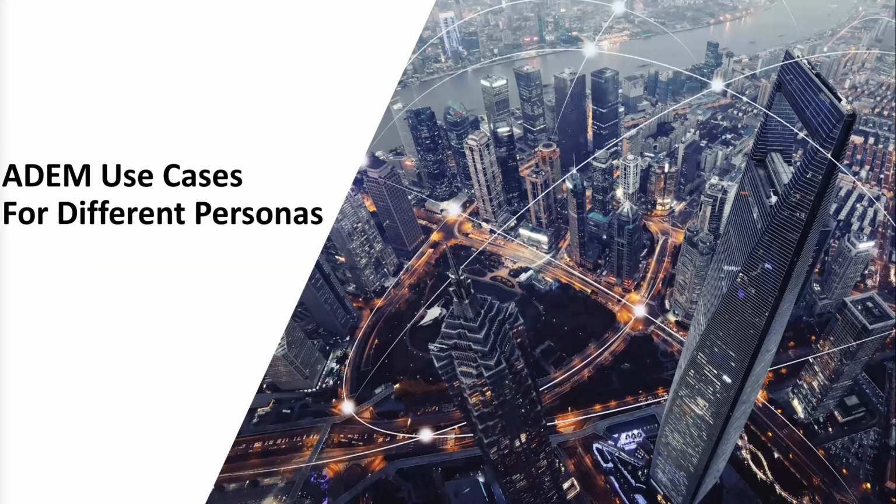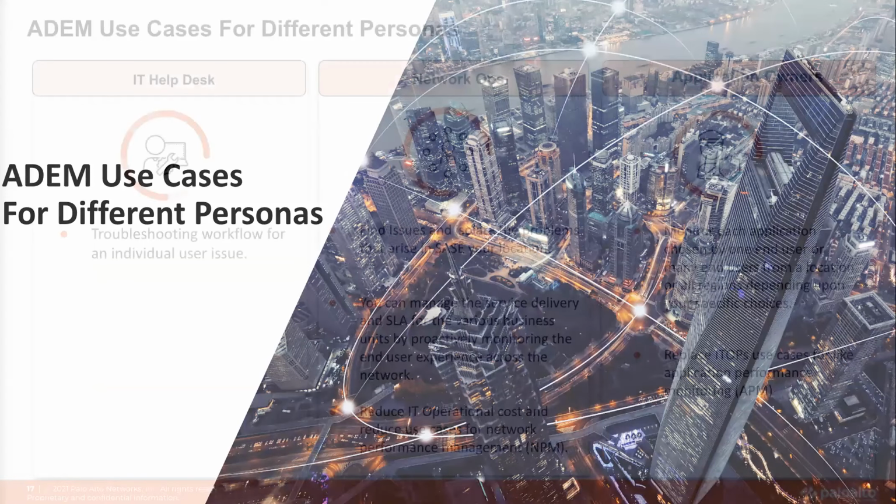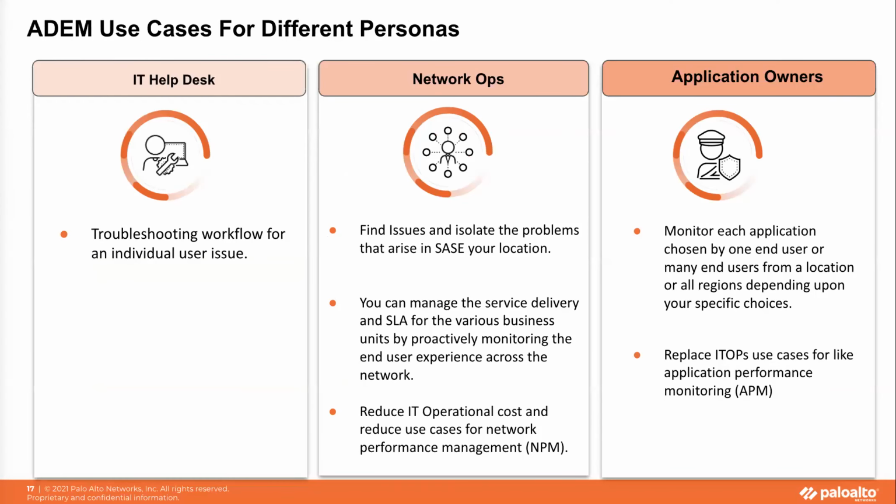Let's have a look into the ADEM use cases for different personas. There are three different personas I'm talking about here: the IT help desk, network operations, and application owners. For the IT help desk, it can be challenging to troubleshoot workflow for an individual user and be able to isolate where the issue is in order to route it to the appropriate team.